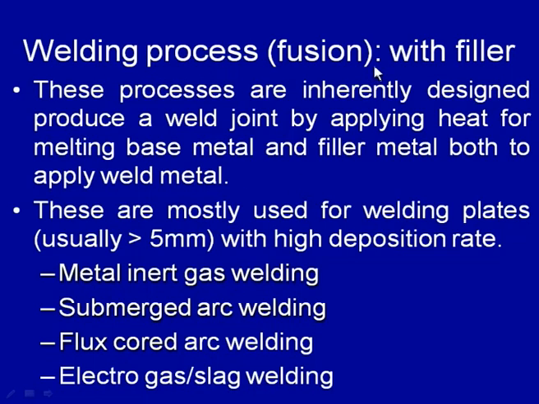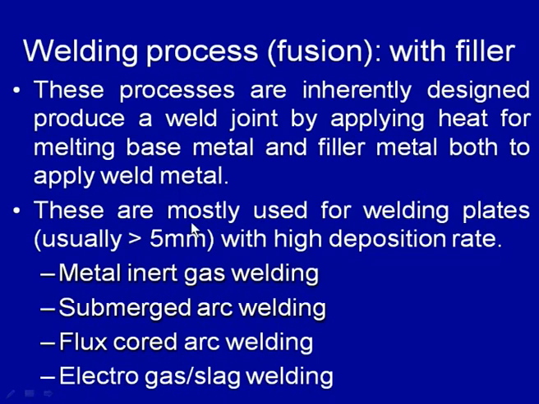These fusion welding processes with filler are normally used in case of thick plates, usually greater than 5 mm, and these processes also offer a higher deposition rate as compared to those processes where filler material is not used. For example, TIG we can use with or without filler material, but because of the low heat input which is possible with the TIG process itself, it does not offer a higher deposition rate.